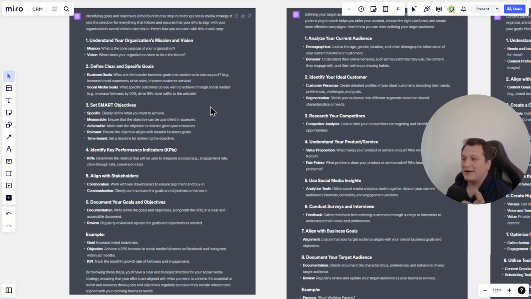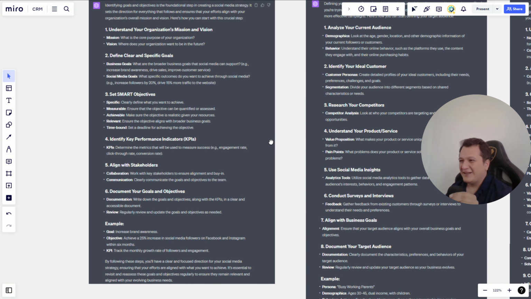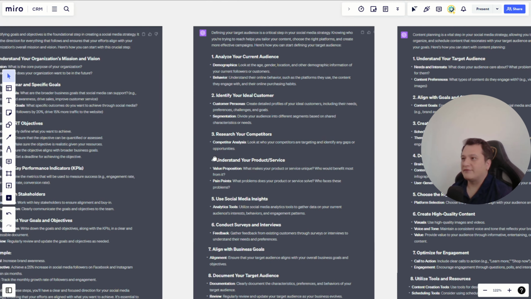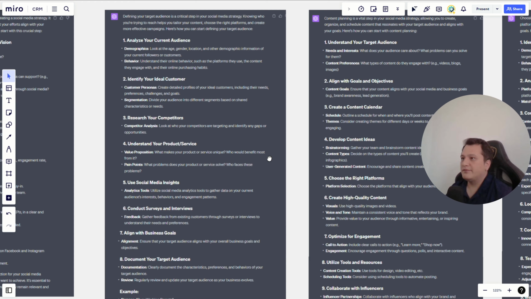So we create a specific, measurable, achievable, relevant, and time-bound plan for that. I'm very project manager, if I say. Identify the key performance indicators, clearly the numbers that are going to be moving the business. Align these strategies with the stakeholders and document your goals and objectives. So that's mainly general planning for the business.